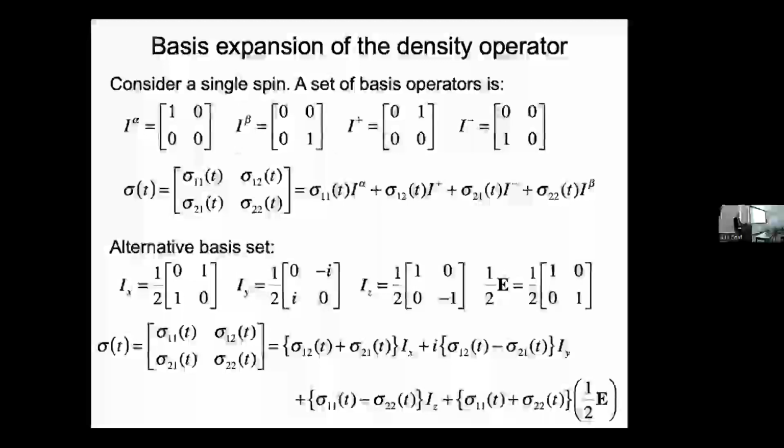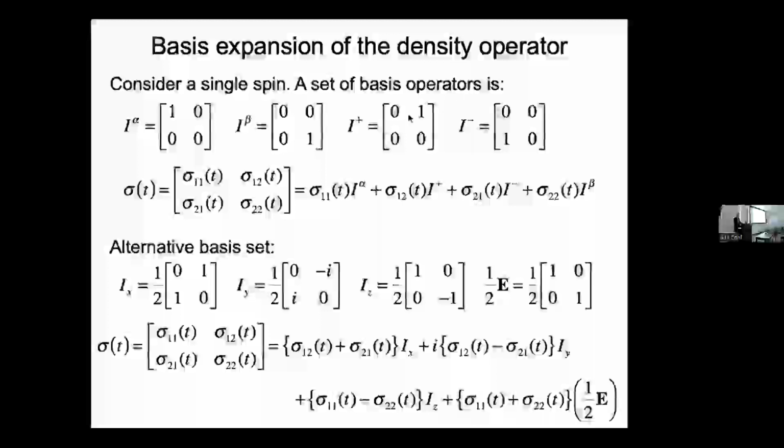And I happen to be able to give these symbols. We already talked about this being the operator I alpha because it projects out of an arbitrary ket the part proportional to the alpha spin state.